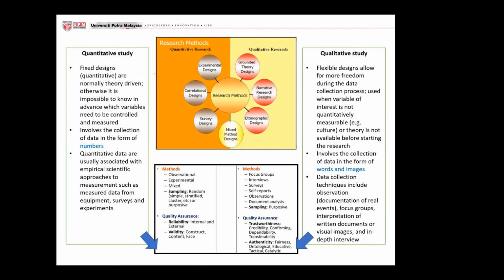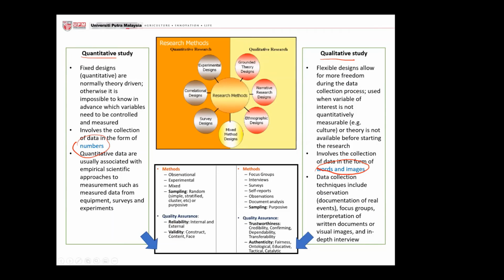But for me, the easiest thing that you can hold on to, to differentiate the two is, in quantitative, it's numbers. Your data is in the form of numbers. Whereas for qualitative study, your data is in the form of words and images.